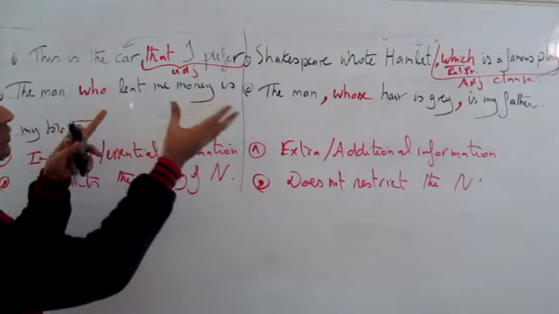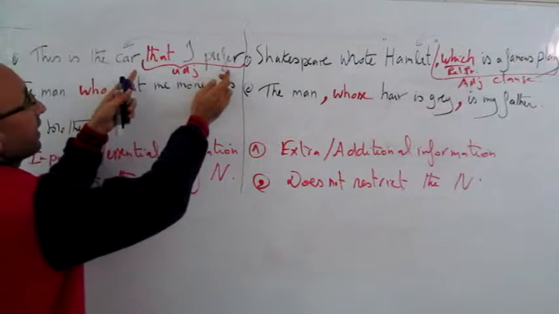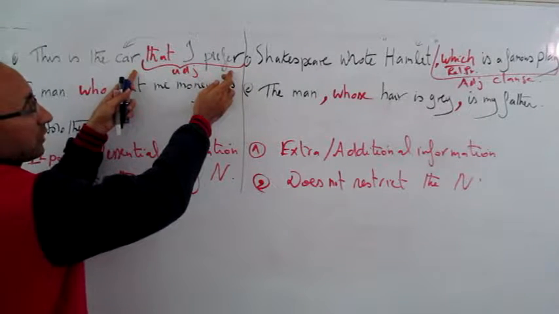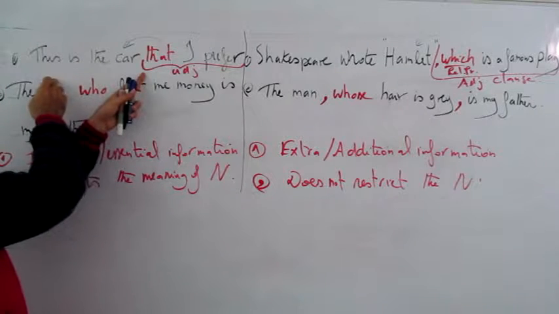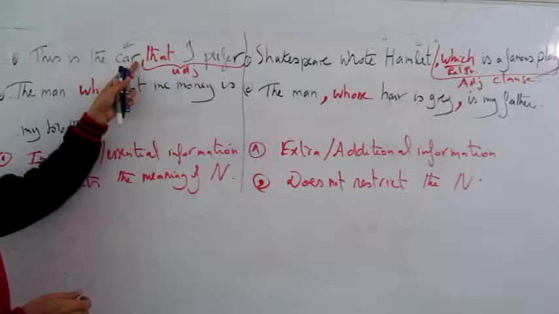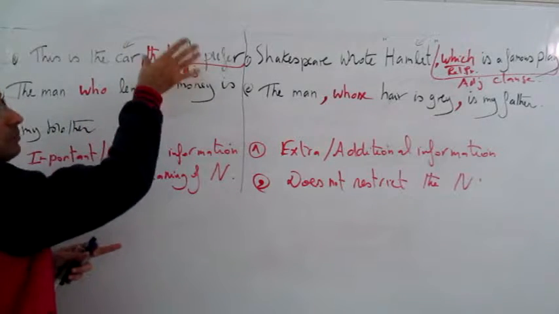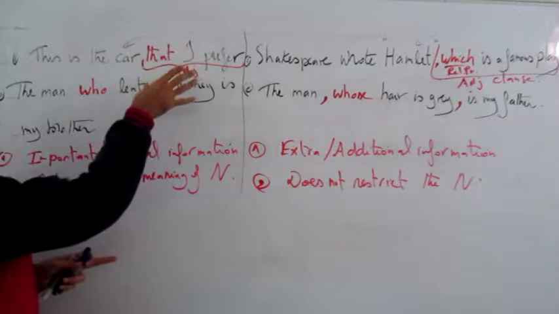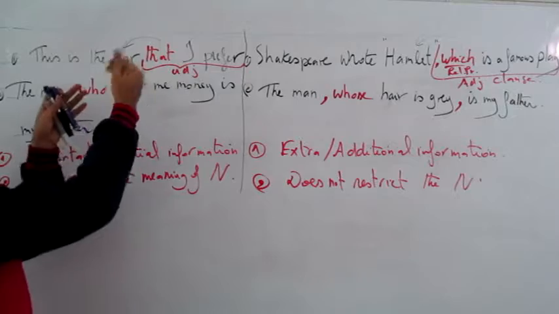Also, if I compare the form of the two adjective clauses, here I have an adjective clause which is joined to the rest of the sentence without any use of any comma or mark. Clear? Why? Because here the information is important, is essential. It must be linked directly to the rest of the sentence.